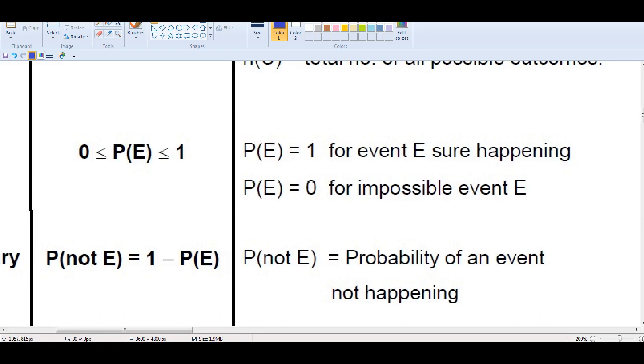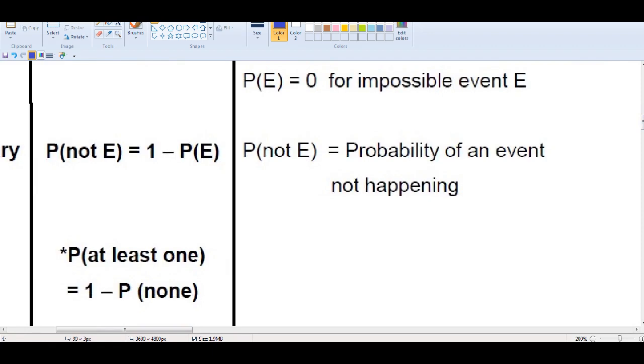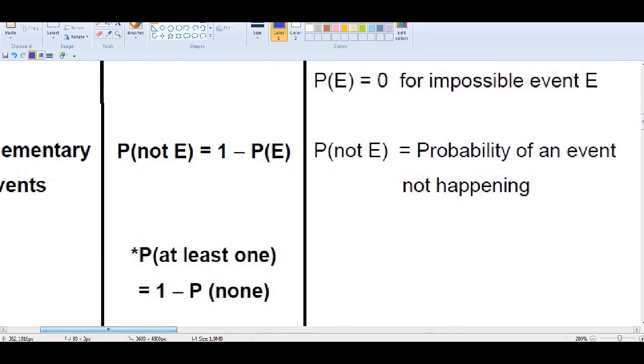Also, for the probability of not E, the complement of E, sometimes written with this symbol, you can use 1 minus P(E). That means when you add up all the probabilities, the sum must be 1.